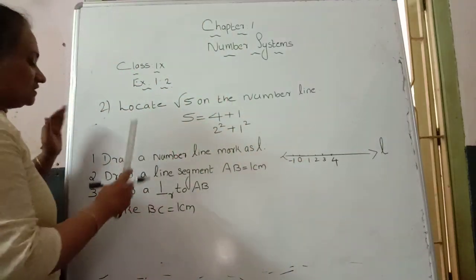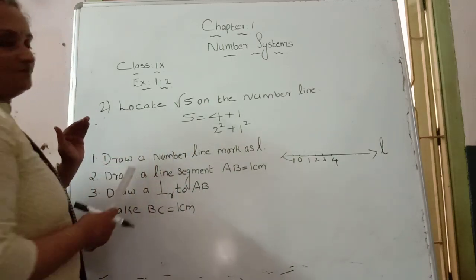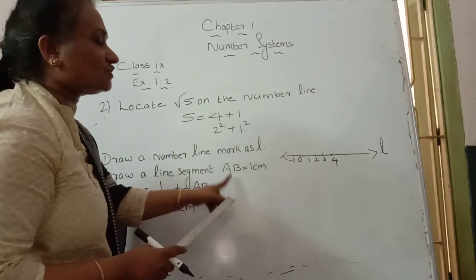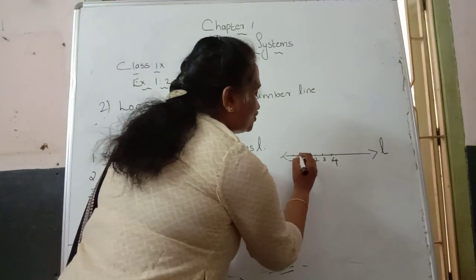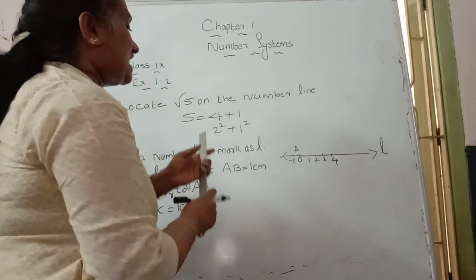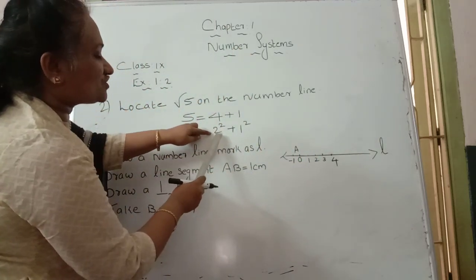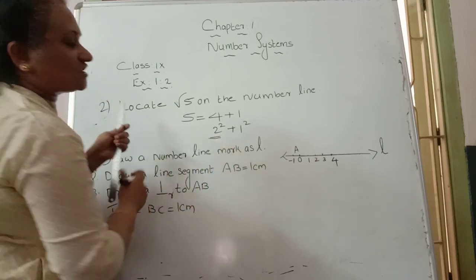What is the next step? Draw a line segment AB. First, at this 0 place, give the name A. And see, what is the first measurement given in the split? 2 is the first measurement.